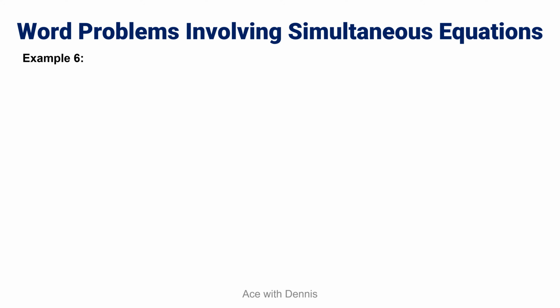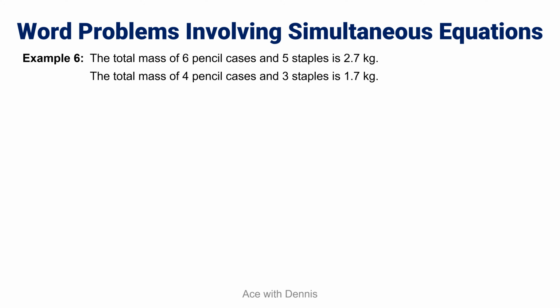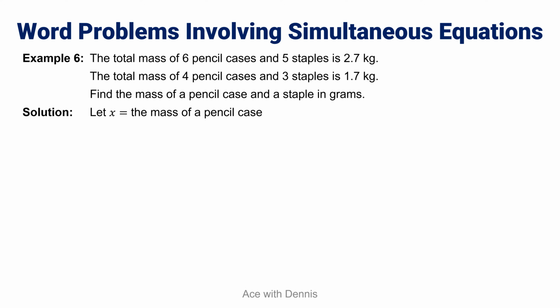Now let's look at example 6. The total mass of 6 pencil cases and 5 staplers is 2.7 kilograms. The total mass of 4 pencil cases and 3 staplers is 1.7 kilograms. Find the mass of a pencil case and a stapler in grams. Here's the solution. We let x be the mass of a pencil case and y be the mass of a stapler.